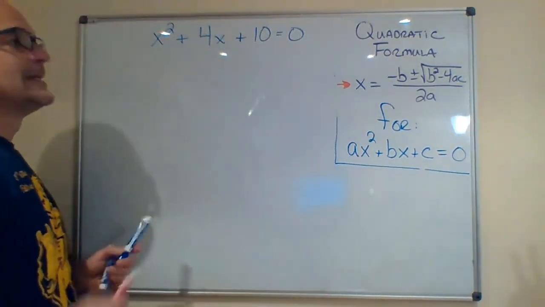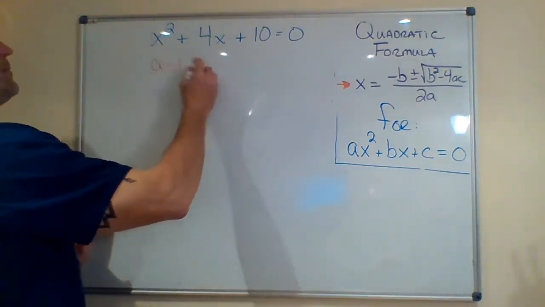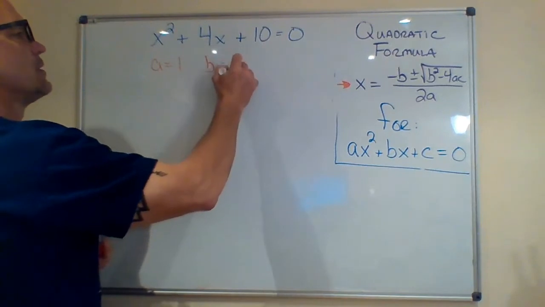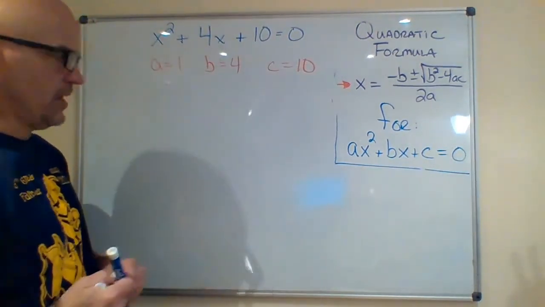Quadratic formula. Again, identify your a, b, and c values. A equals 1, b equals 4, c equals 10. Plug that into your formula.